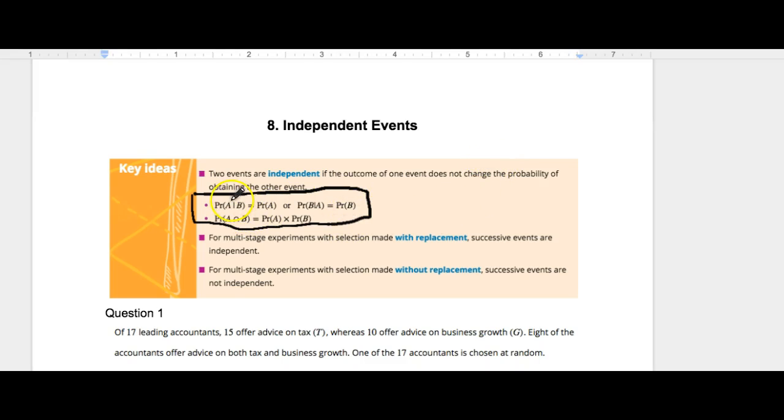Basically, the probability of A given B is equal to the probability of A, or B given A is equal to the probability of B. Or the second one is the probability of A and B is equal to the probability of A times the probability of B. So you need to know these formulas because you might get a question that says for independent events, and then you need to apply the formula. It's the same with the addition rule. Sometimes you're given the values and you have to solve it using algebra. All right, let's move on, otherwise we might be here for a while.